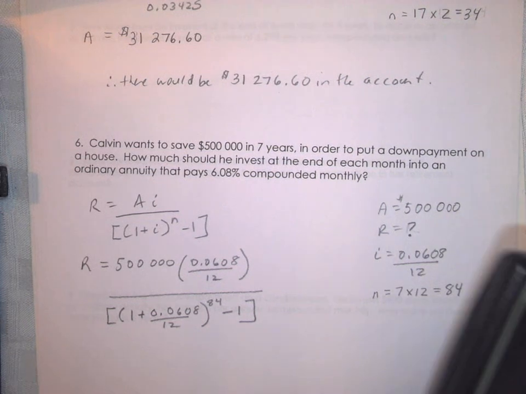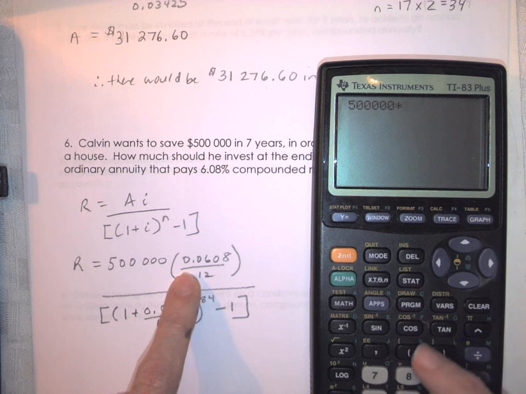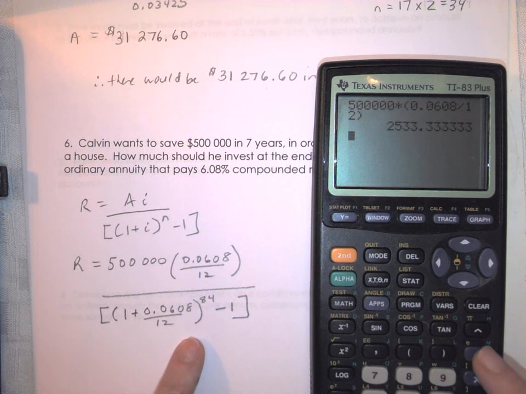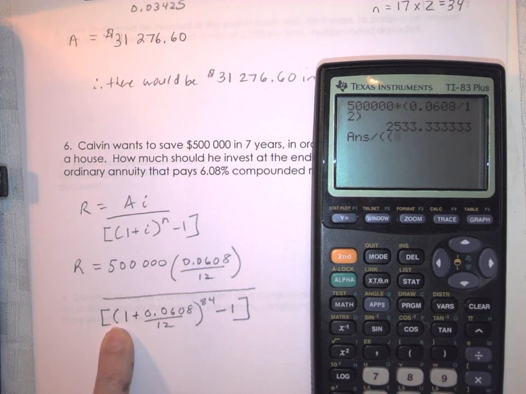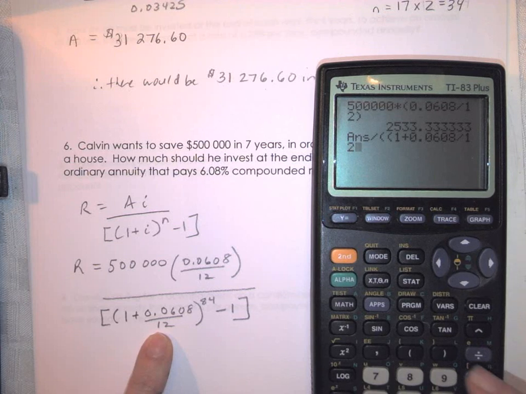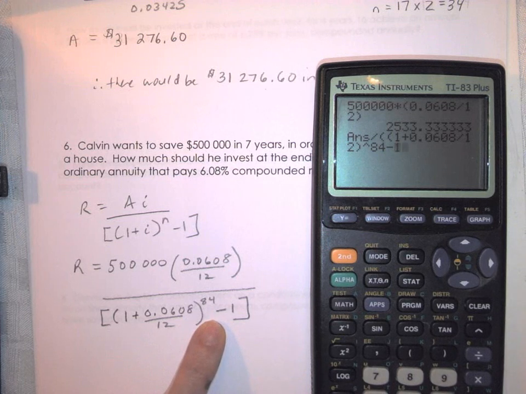Okay, so again, we want to key this in very carefully using brackets. So 500,000 times, so bracket 0.0608 divided by 12, closing bracket, equals, divide by opening bracket, another opening bracket, 1 plus 0.0608 divided by 12, closing bracket, to the power of 84 minus 1, closing bracket, equals.